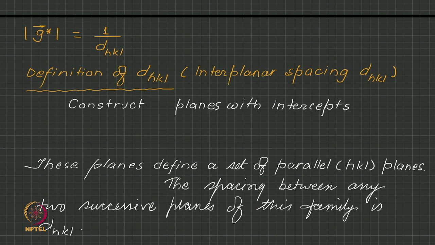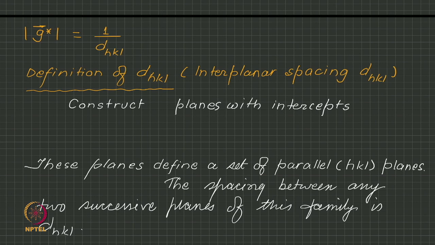So, DHKL is the symbol for interplanar spacing, and that requires a careful definition. It is not so obvious what DHKL is, and sometimes it is left a little undefined, but we should define it precisely.